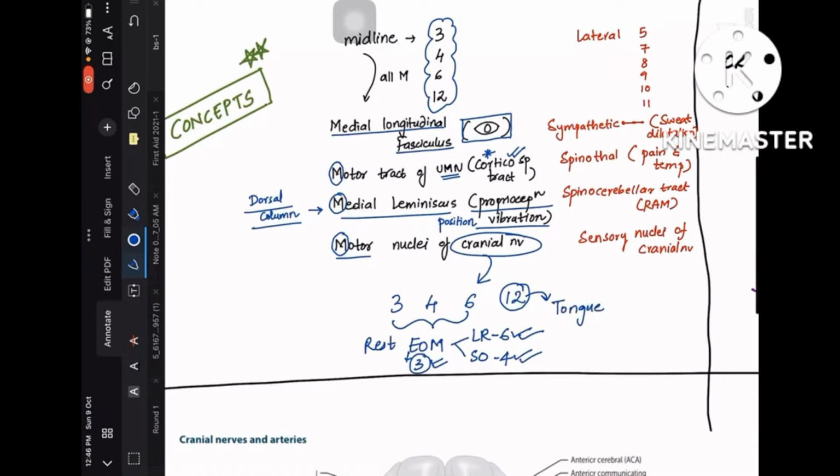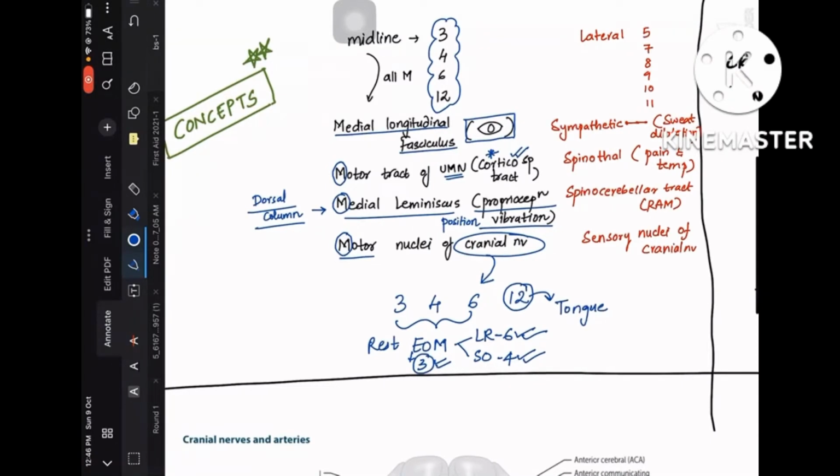Why am I teaching in this way? It is because the nerves supplying the extraocular muscles and the tongue muscles belong to the GSE column, guys. In the cranial nerve columns, you have seven columns, like GSE, GSV, SSA, SSE and all. We have a video on that also on our channel.